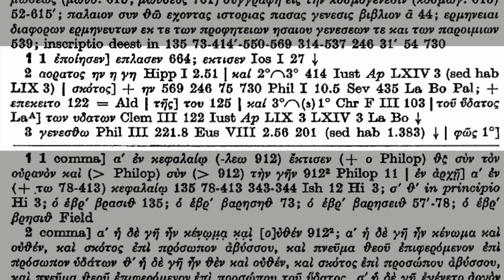And much like the Rahlfs-Hanhart edition, you'll notice this is chapter 1, verse 1. What they provide you is the lemma from the text first. You'll notice that in the text itself, as we saw a second ago, there are no footnote indicators, no little signs that you'll see, for instance, in Nestle-Aland, if that's what you're used to on the New Testament side.